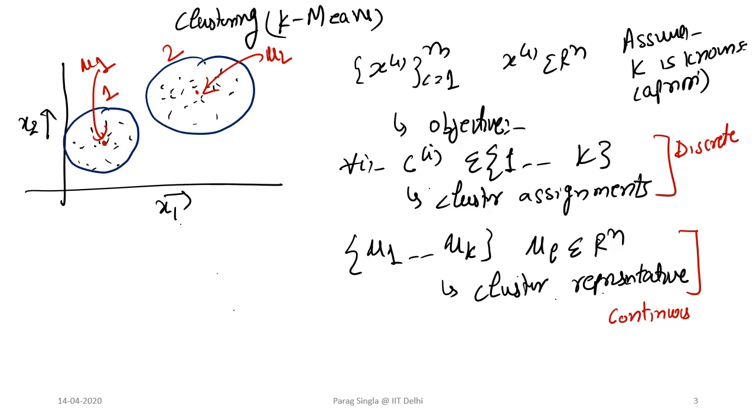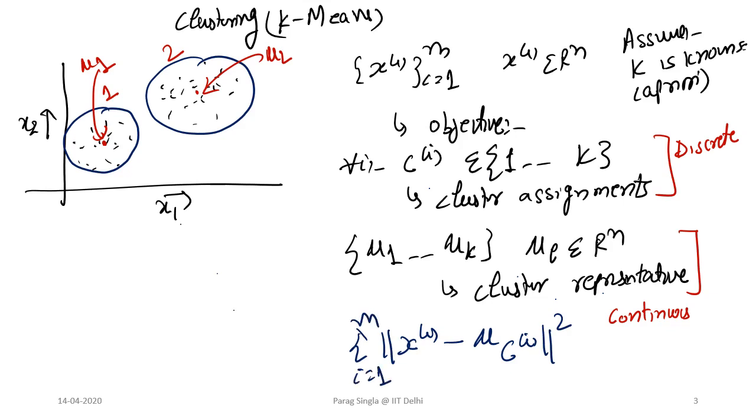Given this setting, let me write the objective, and then I will give you the intuition. The objective that we will try to optimize is, for every point, we will try to minimize its distance from the corresponding cluster representative. So mu ci is the cluster assignment for point i, and we would like to minimize this square distance over all the points.